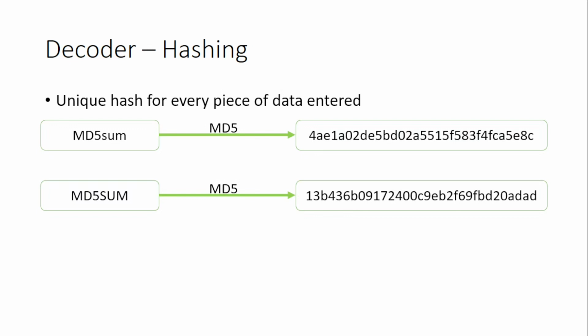And that is because we just changed from lowercase sum to uppercase sum. That's why hashing is used to verify files and documents' integrity, as even a very small change to the file will result in the hash sum changing significantly.